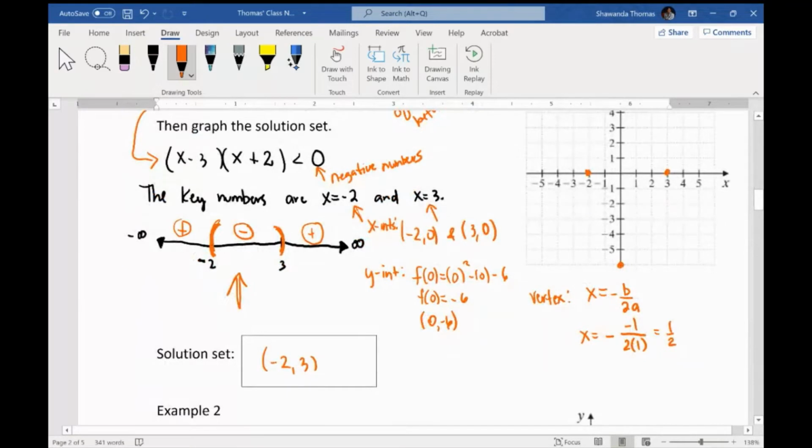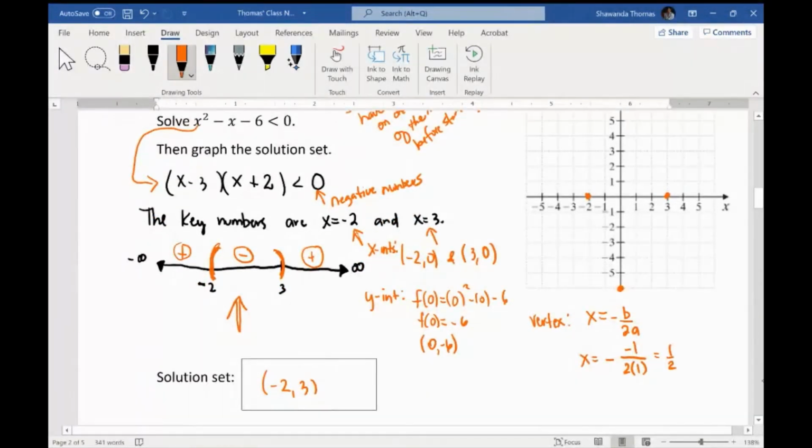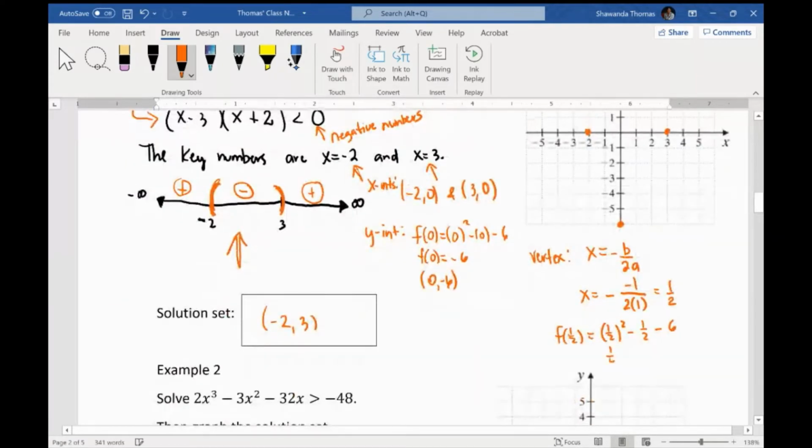All right. Then I'm going to plug it into the x's. 1/2 squared minus 1/2 minus 6. So that's 1/4 minus 1/2 minus 6. And if I wanted all of them to have the same denominator, I can make that a 2 over 2.